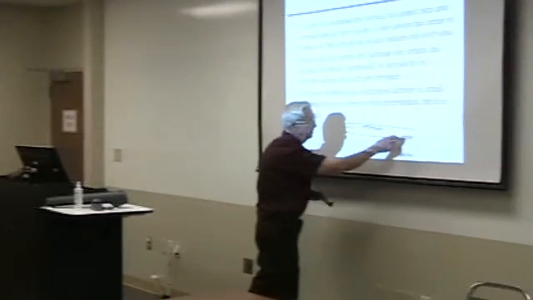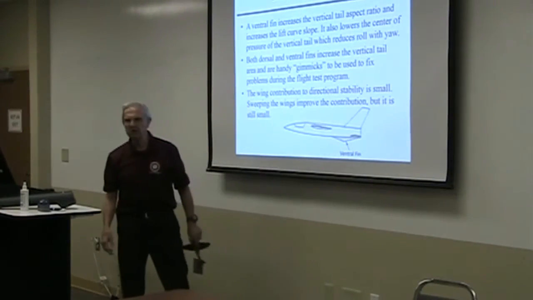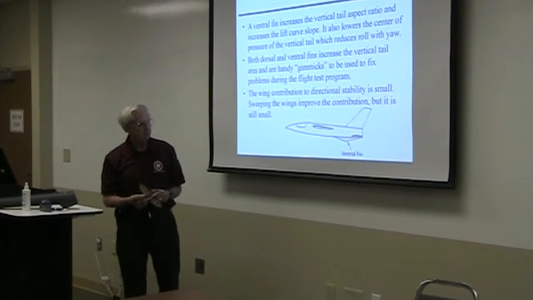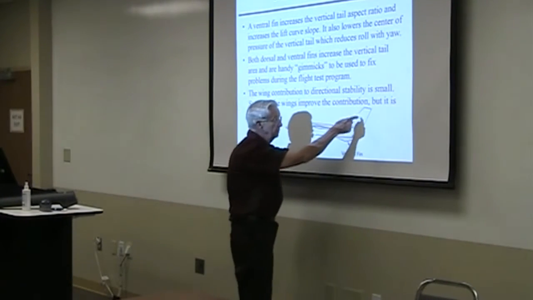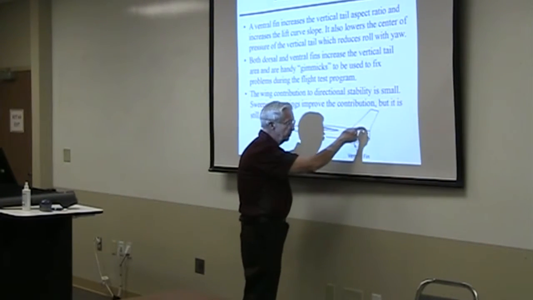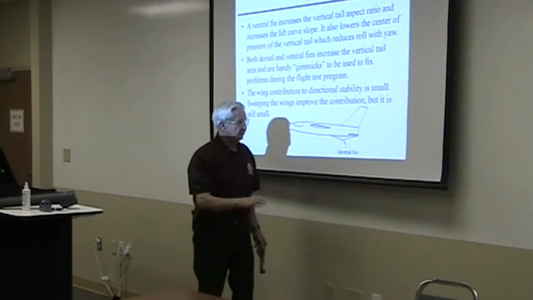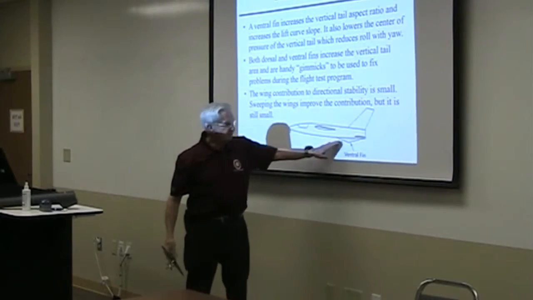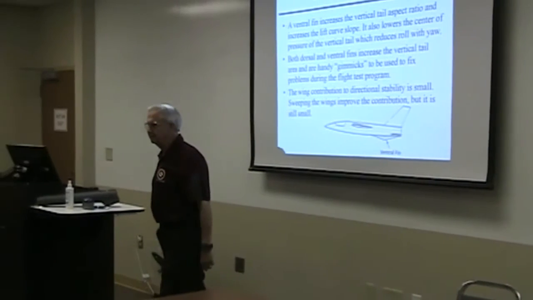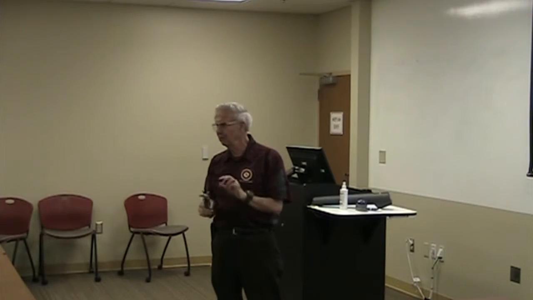Well, the ventral fin increases the aspect ratio of the vertical tail, and it moves the center of pressure down even farther. You'll see ventral fins on a lot of jet airplanes because they will tend to have very bad Dutch roll characteristics in many cases.